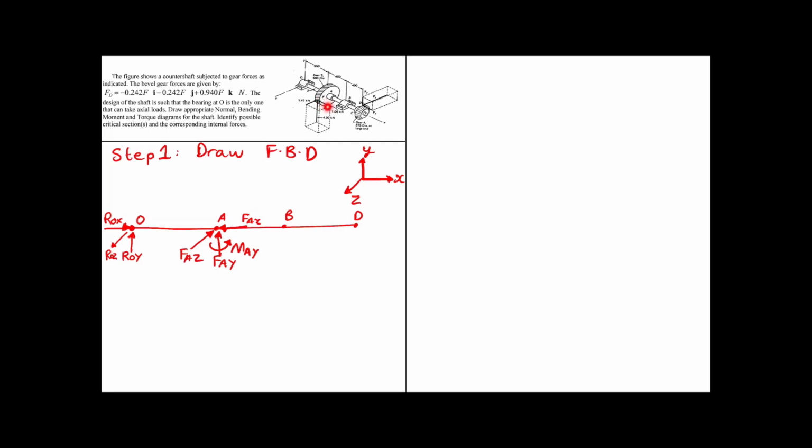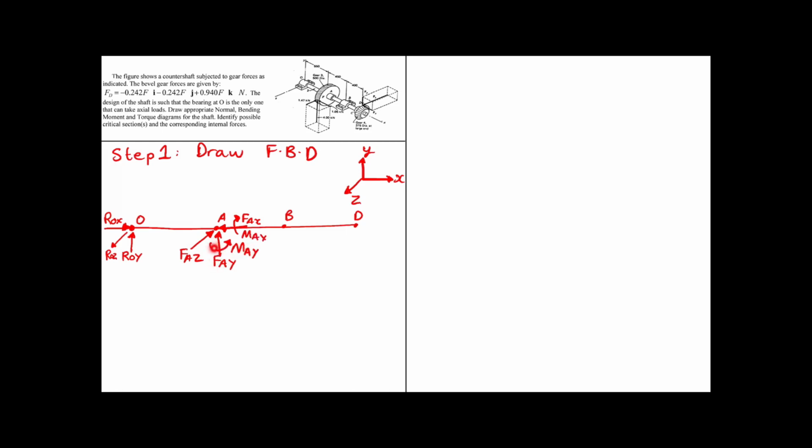Now let's look at the other force, which is FAY. This is also going to create a moment about the shaft axis, which is the x-axis. So it is also a clockwise moment about x-axis. So we will draw this as clockwise moment, and we can write it as MAX.